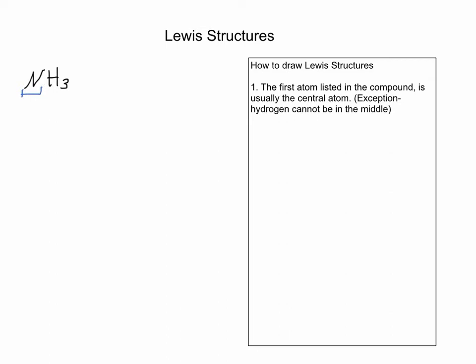So the second step is we are going to write down the central atom and draw the other atoms around it.